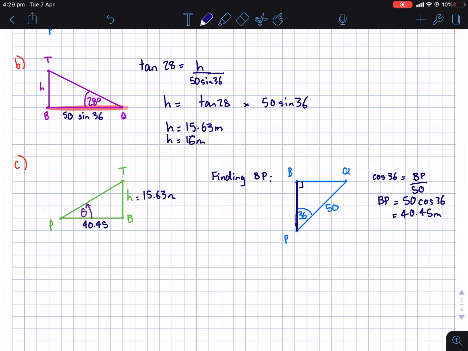That means that tan theta equals H over BP, yeah? Which is 15.63 over 40.45. So theta equals arctan that.